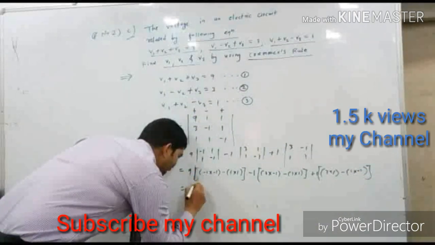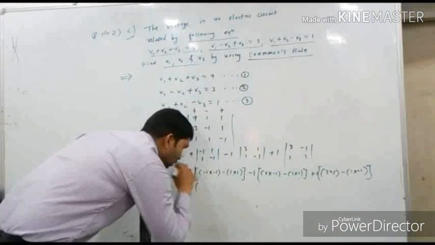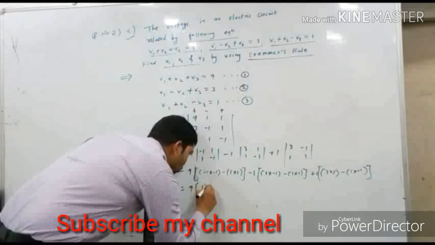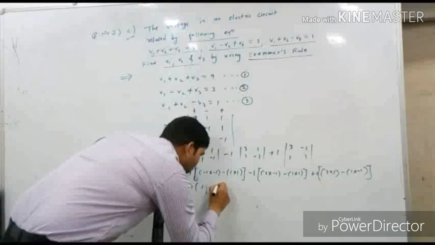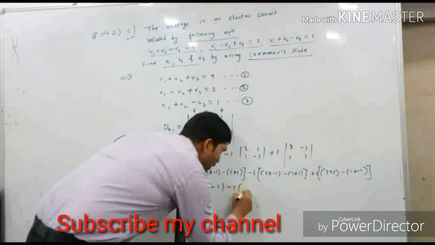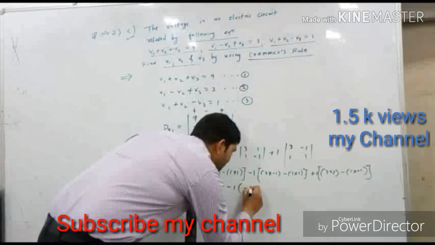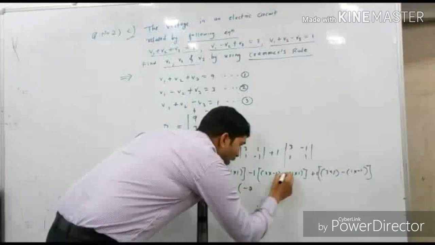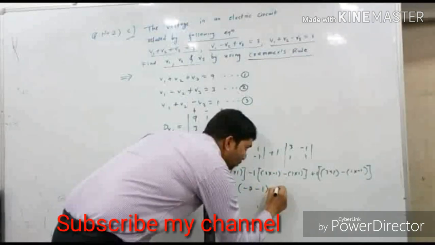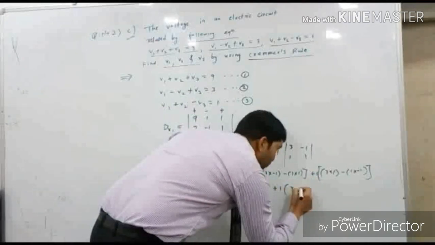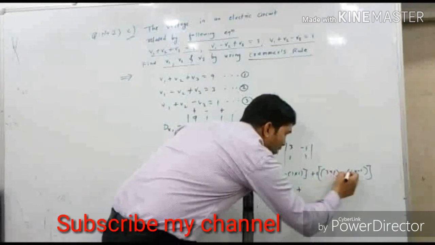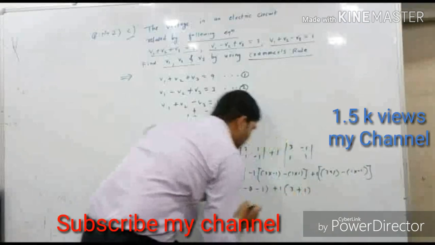So we get 9 as it is, minus 1 into 1, minus 1, that is plus 1, minus 1 into 1, 1, minus 1 as it is, 3 into minus 1, minus 3, and 1 into 1, 1, plus 1 as it is, 3 into 1, 3, and minus minus plus, 1 into 1, 1.